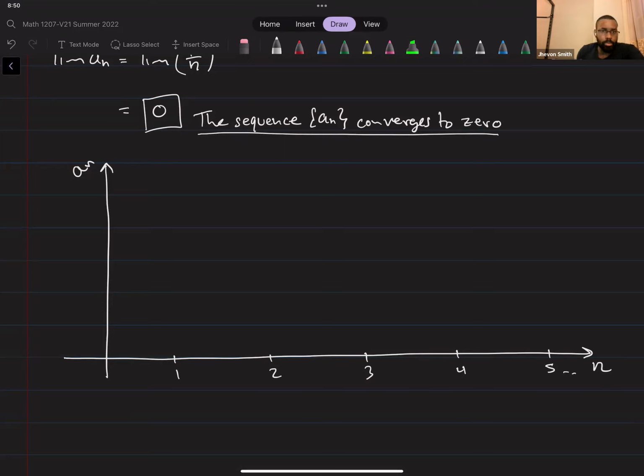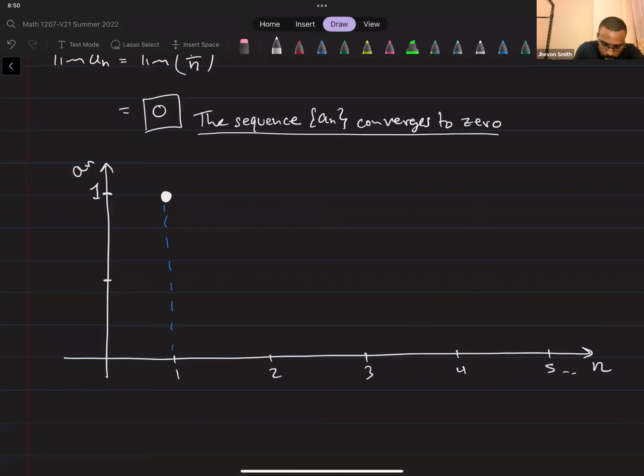And I can actually plug into this formula and get an output. So when n equals 1, I plug into the formula 1 over 1, I get 1. So it starts here, at 1. And that is the first point. N equals 2: if I plug 2 into 1 over n, I get a half.